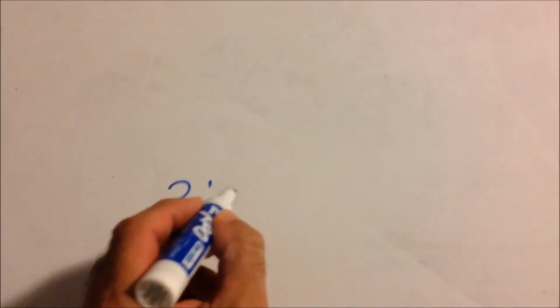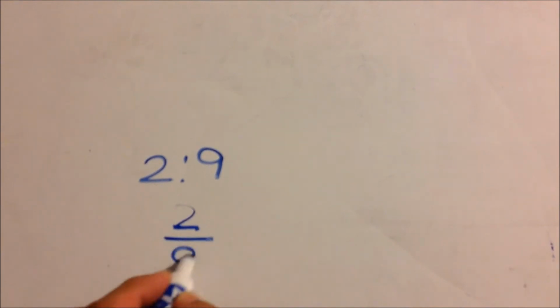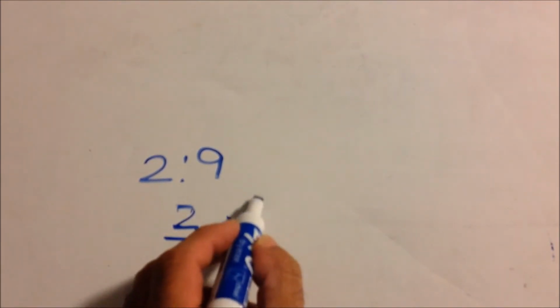Okay, let's look at some more examples. Let's say I had the ratio of 2 to 9. How would you make an equivalent fraction with that? Now, of course, there'll be many equivalent fractions to this, depending on the number you use. Remember we said, I can even use, let's say, 12.